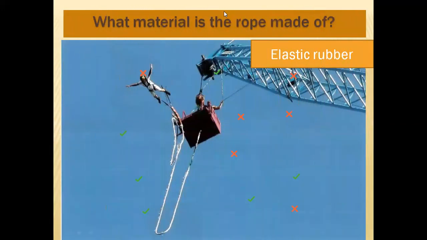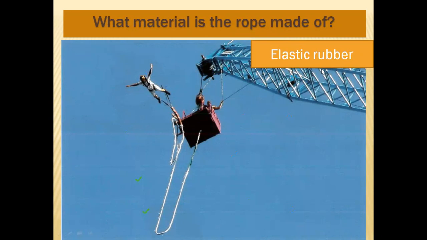Okay. Now see in your books, what material is rope made of? If you can see in your books, boys, there a man is bungee jumping, and in bungee jumping we use rope. So rope is elastic rubber.